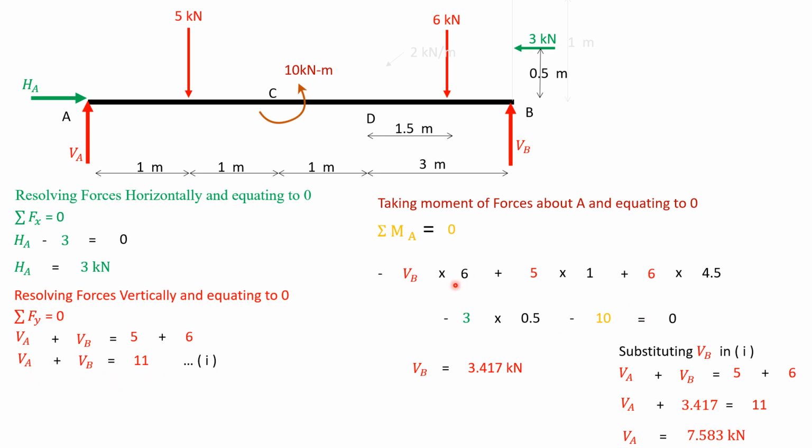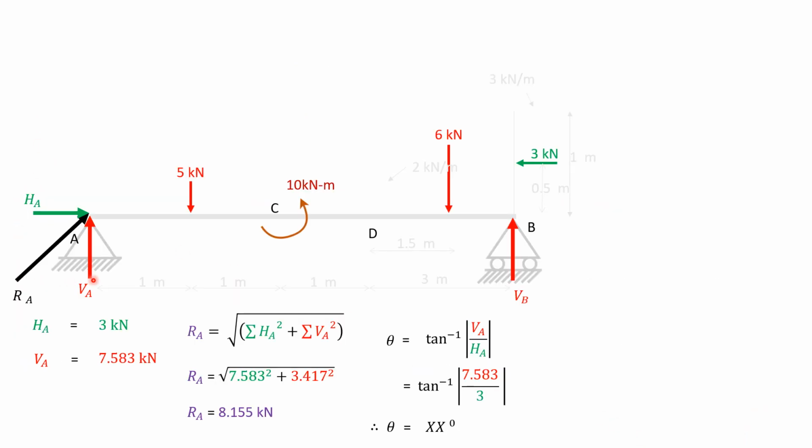Here we got an equation in VB. So we calculated the VB value and substituted it in equation 1, and we calculated the VA value. We got VB and VA, and we got the HA value. And the reaction at A will be RA.